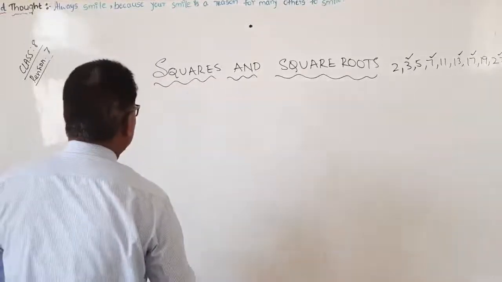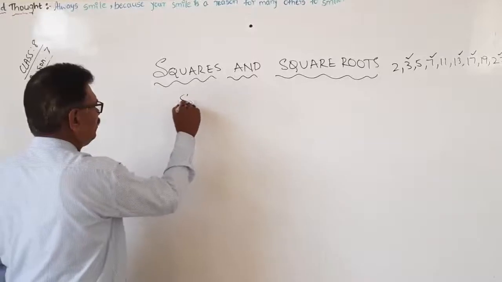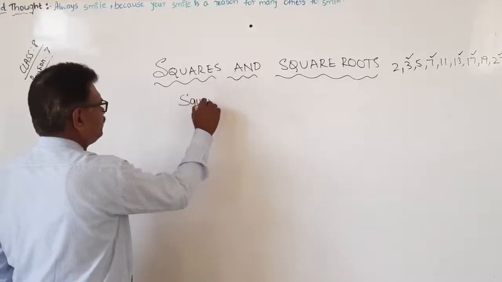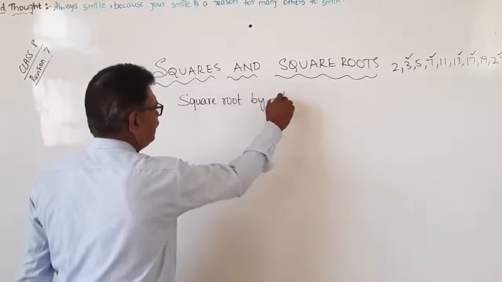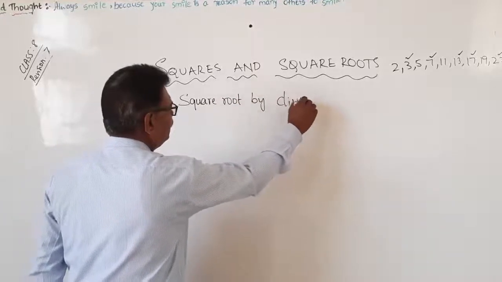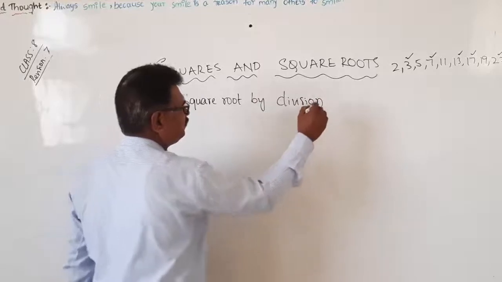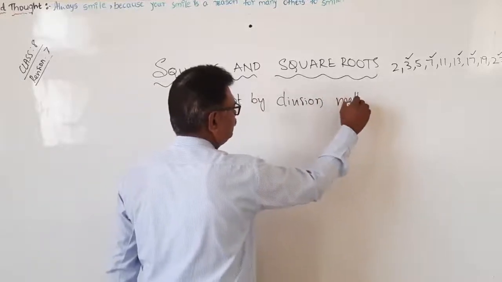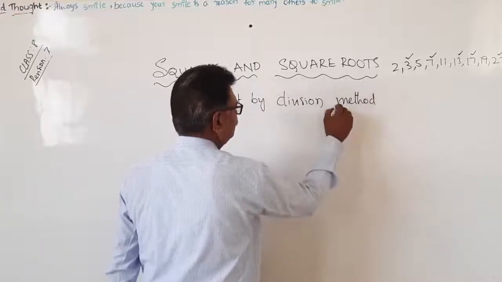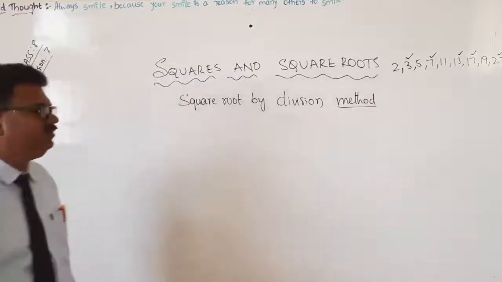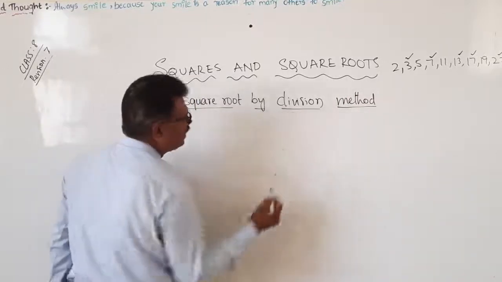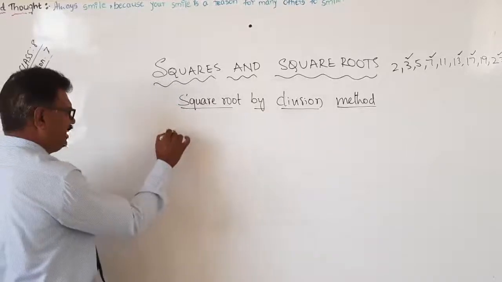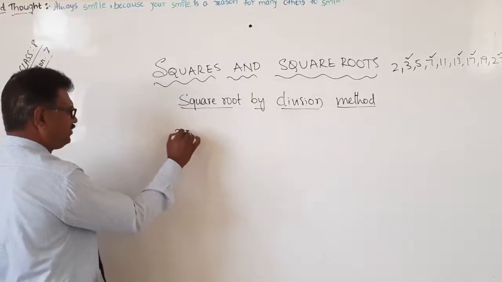Now, finding the square root by the division method. Very important, the division method. How to find it by the division method? Okay? Very simple. First, I will take 256.